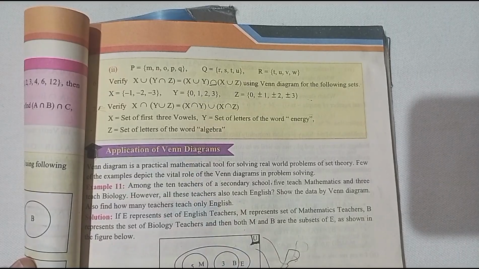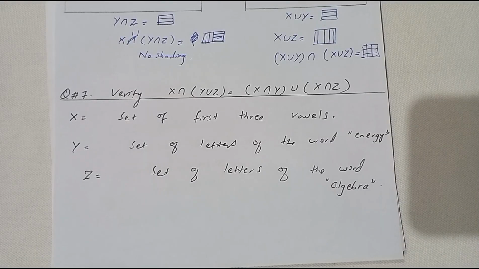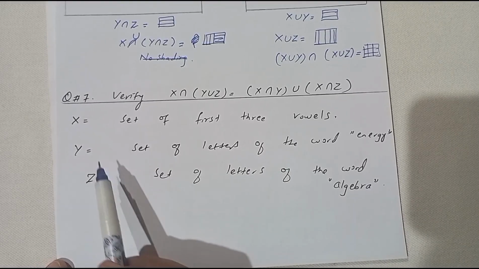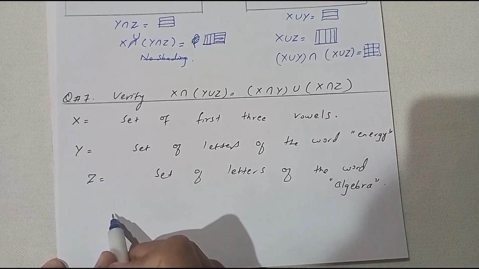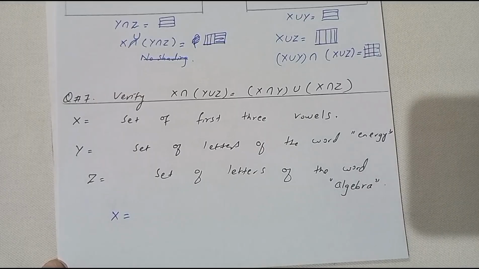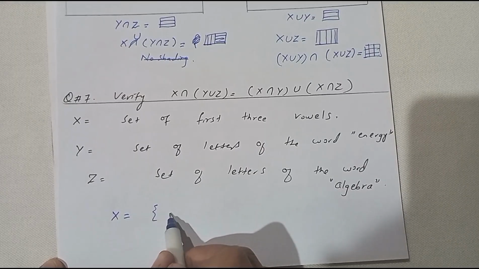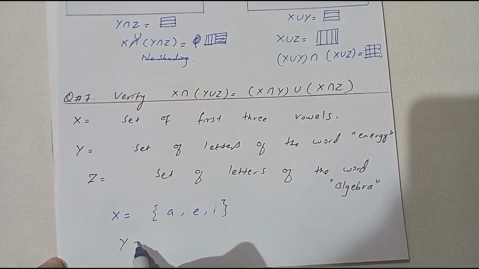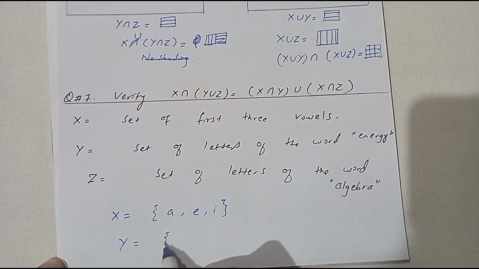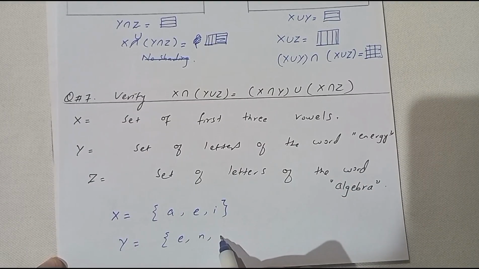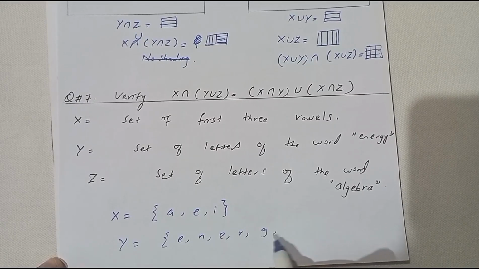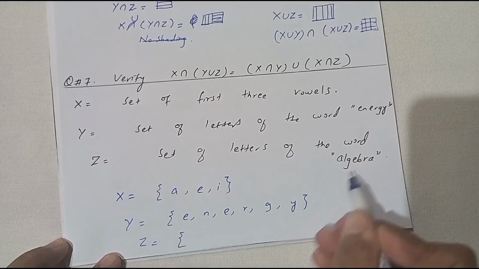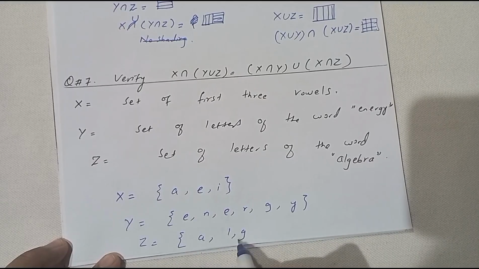X is the set of the first three vowels, so we write X equal to A, E and I. We write the elements of Y as the word energy, and the elements of set Z are all the letters of algebra.